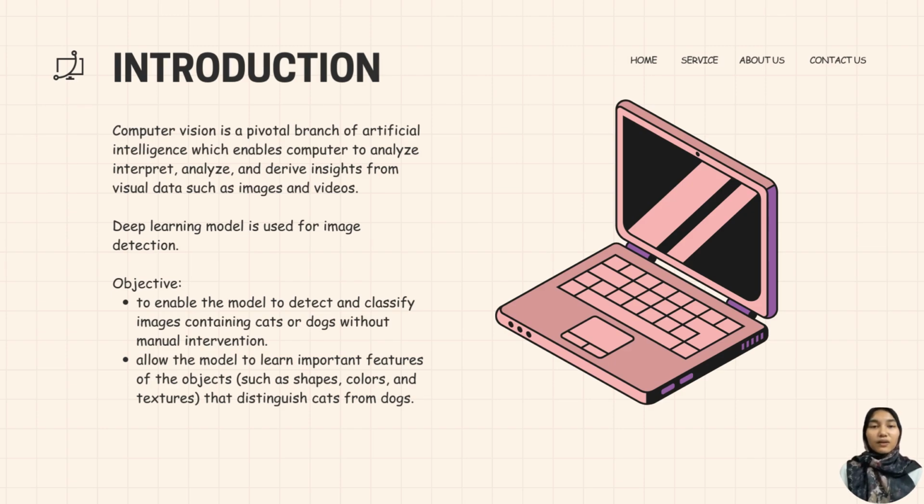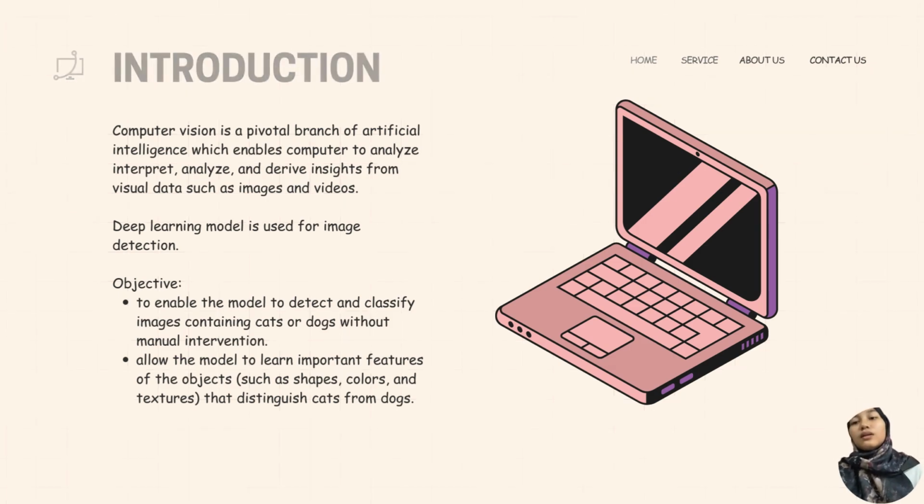The second objective of this project is to allow the model to learn the features of cats and dogs by interpreting the shapes, colors, and textures of the animals.